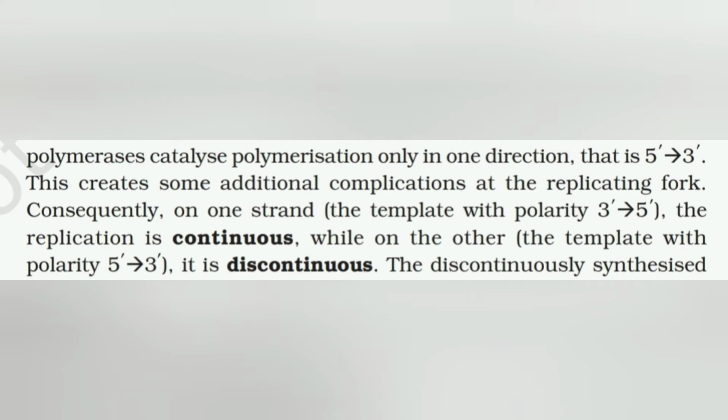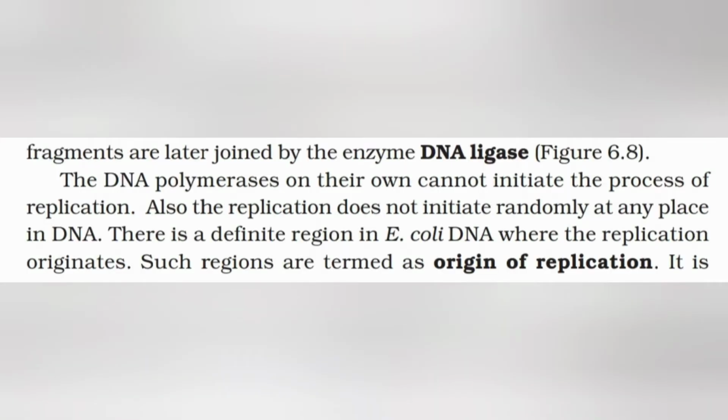But the other, which is already in the 5' to 3' direction, in that case DNA polymerase has to polymerize the strand in the reverse manner, and that causes DNA replication and the formation of the new strand in the form of fragments. So we get one continuous strand and the other discontinuous strand. The discontinuously synthesized fragments are later joined by the enzyme DNA ligase.